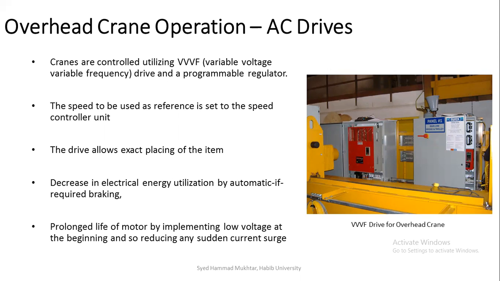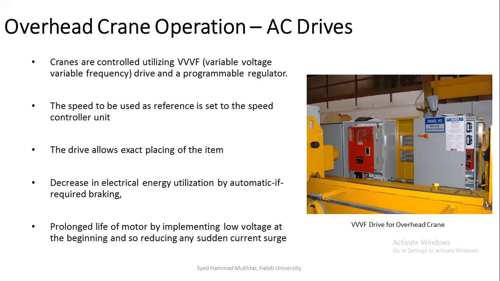Now, how does this happen? The drive acknowledges 0 to 10 volts as a set point for moving the motor forward or clockwise, and 0 to negative 10 volts DC for moving the motor backwards or anti-clockwise. The tachometers or encoders are in place in connection with the motor for sending feedback of speed.